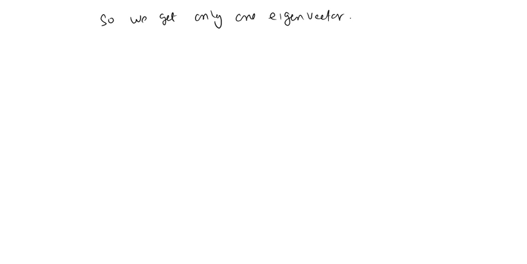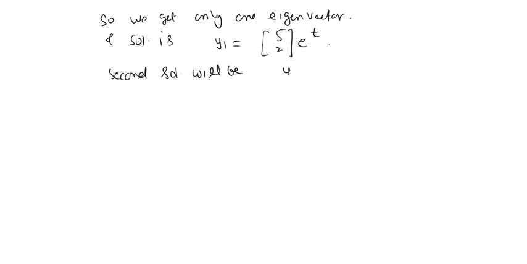So you have one eigenvector, and the solution corresponding to that eigenvector is y1 equal to the eigenvector times e power lambda t. Second solution will be y2 equal to u e power lambda t plus x t e power lambda t. So lambda is 1 here.